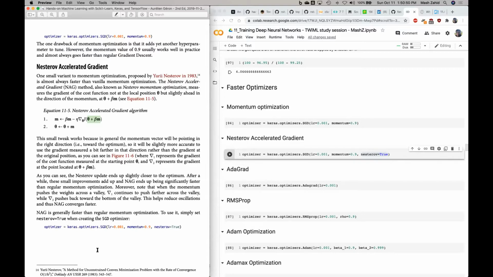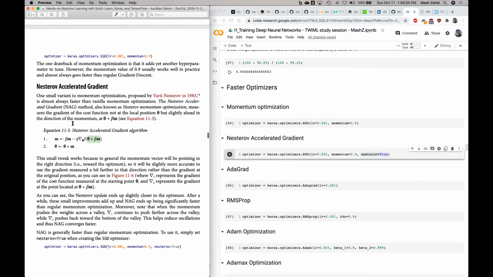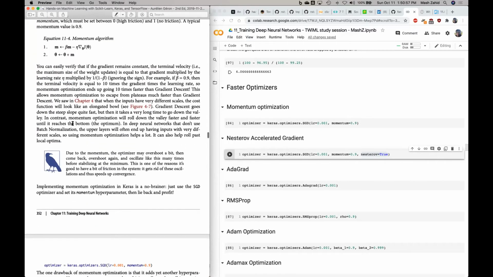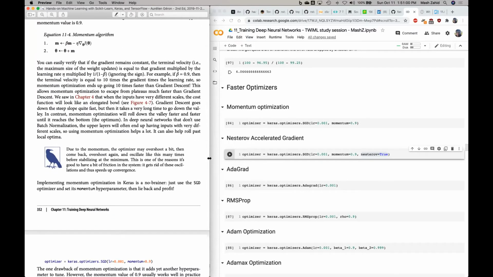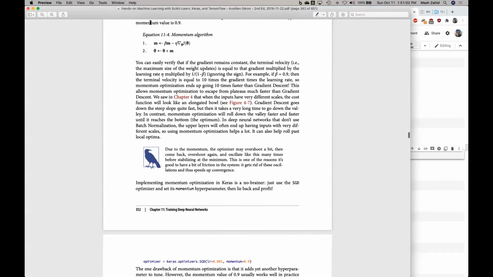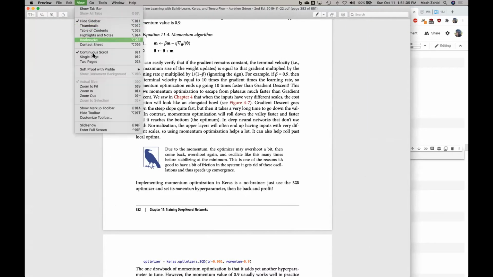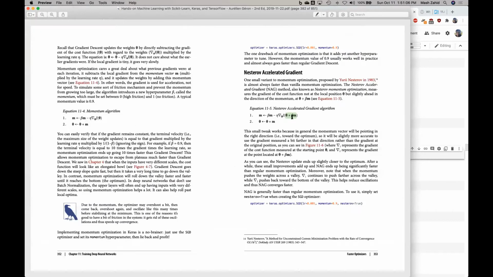If you look at expression 11-4, and look at the second part where it says theta gets theta plus m, but then if you substitute in for m from equation 1, you see that theta gets theta plus beta m minus the normal weight update. So m is the key here.